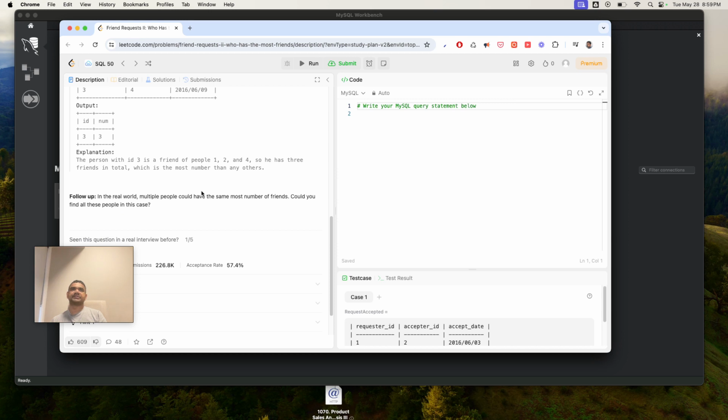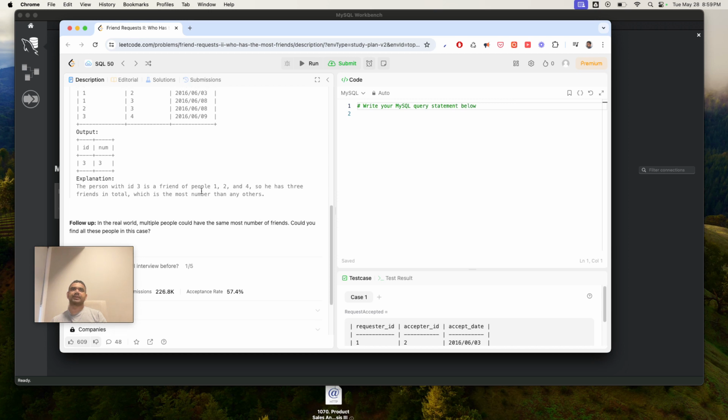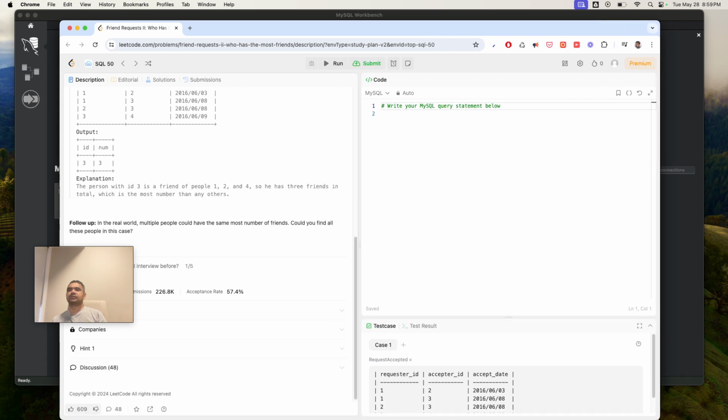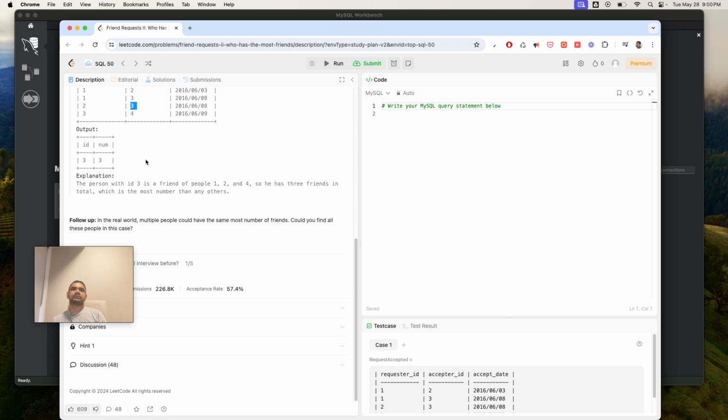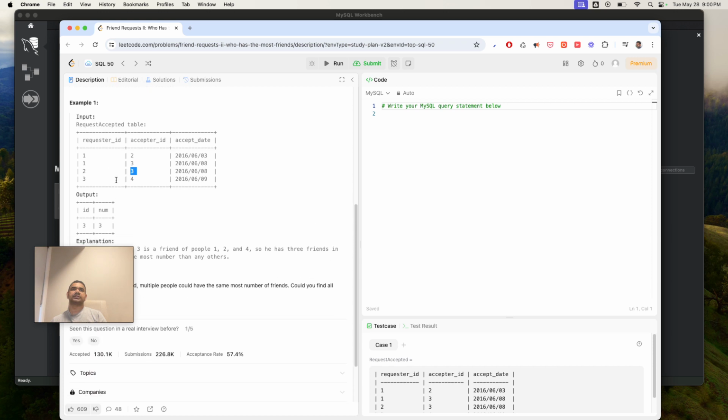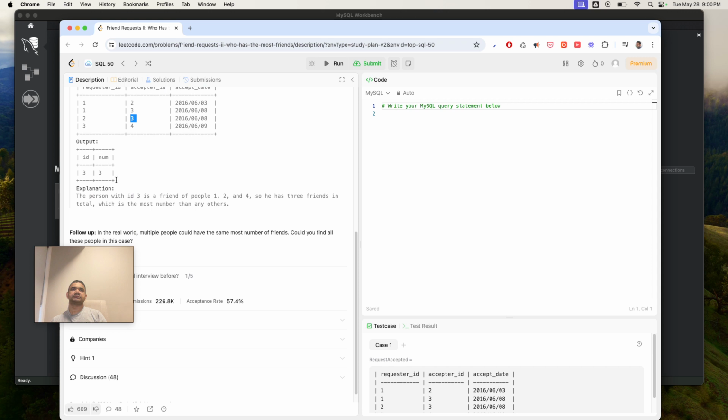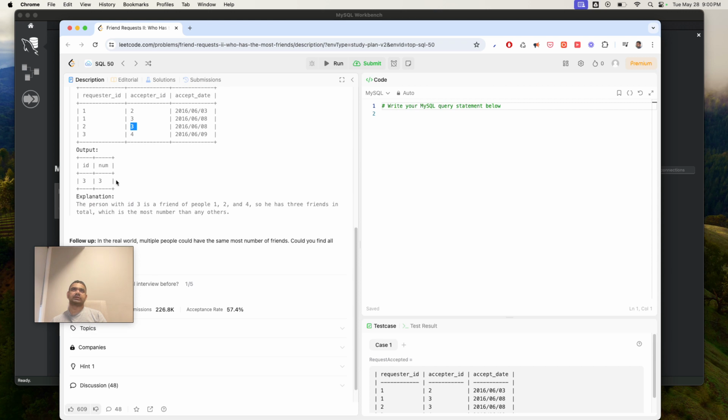The person with ID 3 is a friend of people 1, 2, and 4.